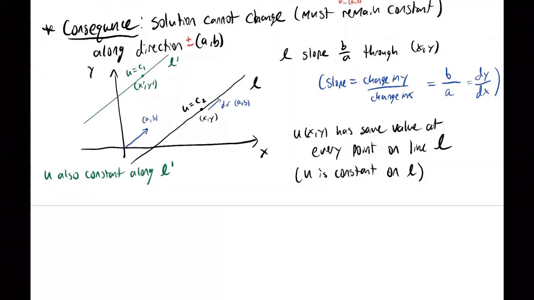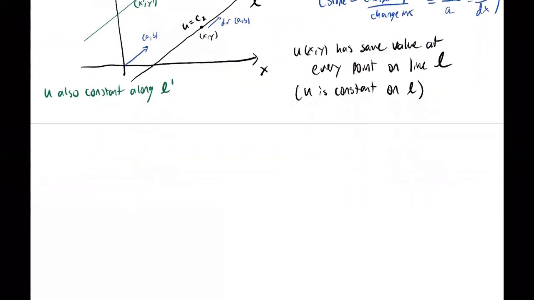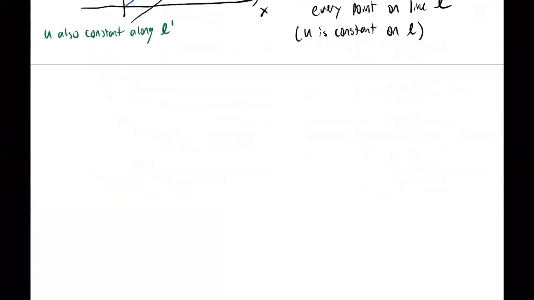A more concrete way to look at this, however, is to just write down the equation of these lines, right? It's relatively easy to write down the equation of any given line. So what do these lines look like? Right, so what's the equation of a line with slope b over a, which is, after all, really all we were looking at above, right?